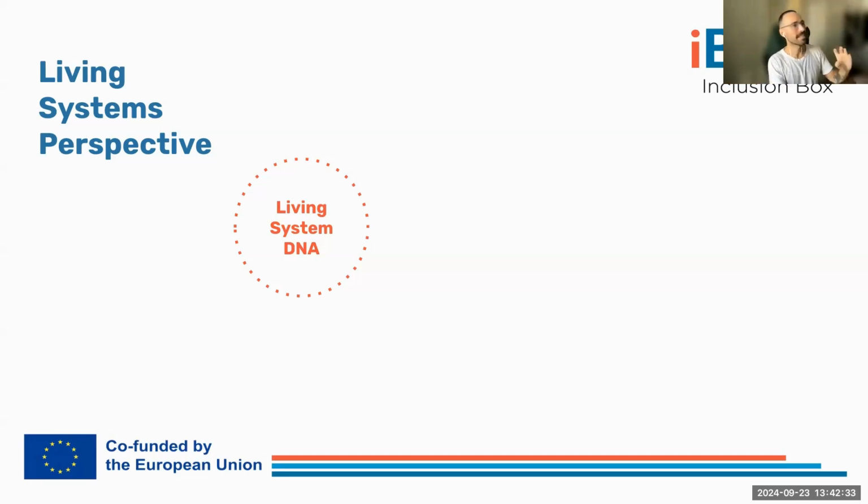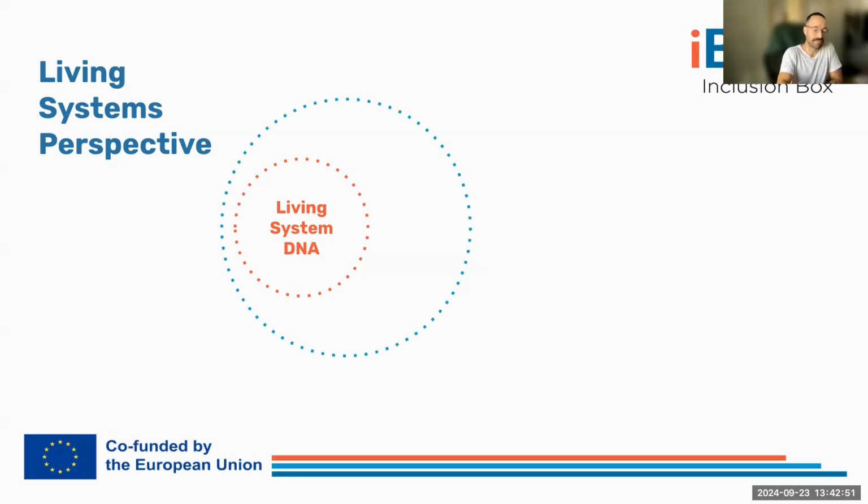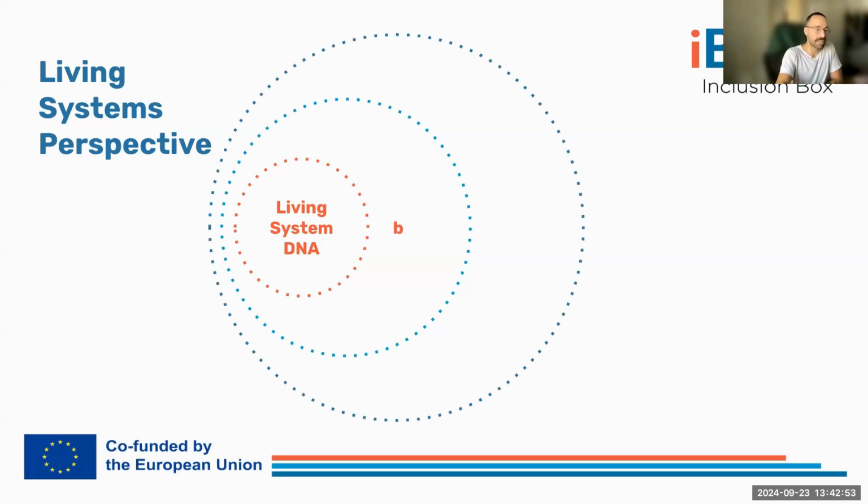And so they would say that in every system, in every living organism, there is one central piece, which is the DNA, which is somehow making sense of the experience. And so the way living systems thrive is by interacting with their neighboring systems.